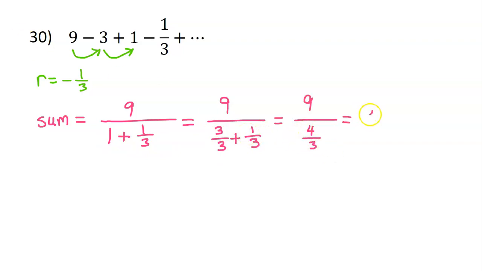Multiplying by the reciprocal, we have 9 times 3 over 4. 9 times 3 is 27, so that's 27 over 4. So that's the sum of this infinite geometric series.